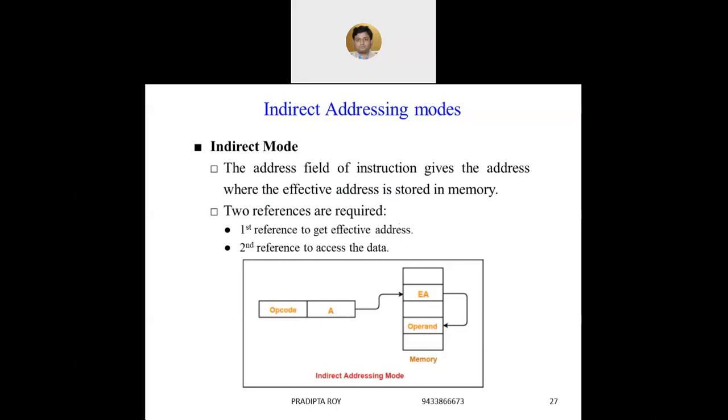Next, indirect mode. Here, the address field of the instruction gives the address where the effective address is stored in memory. So here, two different references are required. In the first reference, the system gets the effective address, and in the second reference, the system finds the data at the effective address.